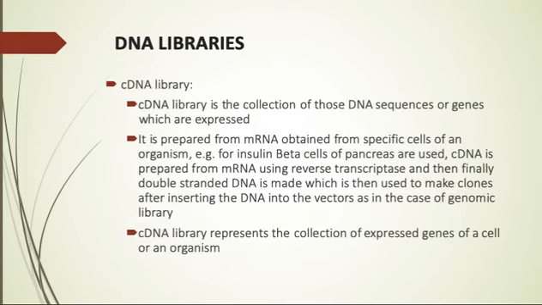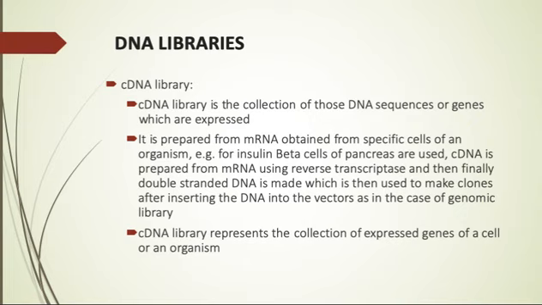Then the cDNA library is a collection of those DNA sequences or genes which are already expressed. It is prepared from mRNA obtained from specific cells of an organism. For example, the insulin-producing beta cells of the pancreas are used.